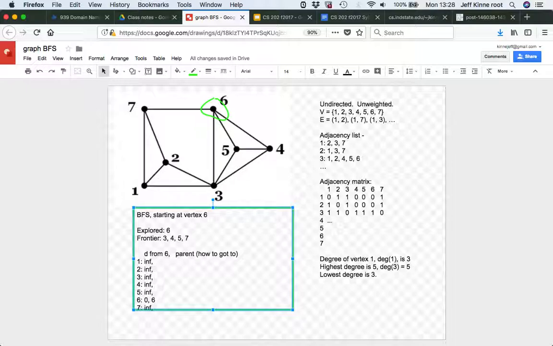All right, now the rule is we take something off the frontier, and I'm going to keep track of the oldest things at the front, and I'm going to add on to the end here. So I'm going to take 3 off, put it onto the explored, and when I do that, I'm going to circle it.